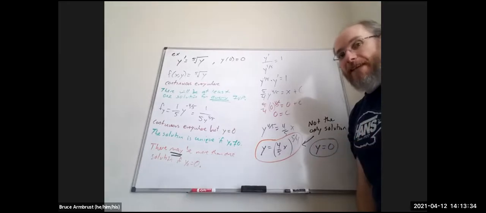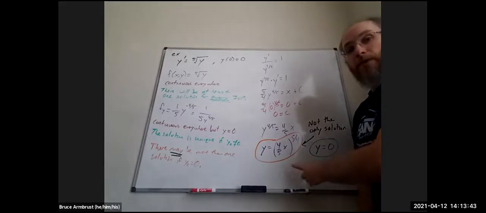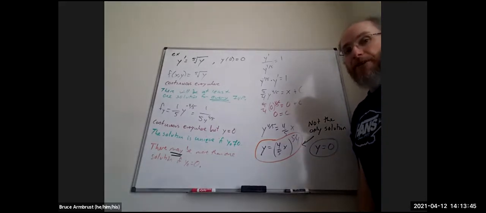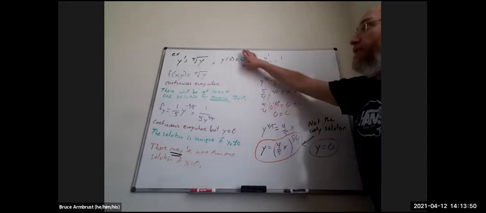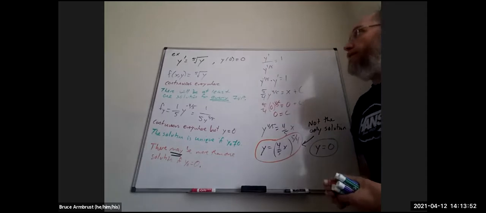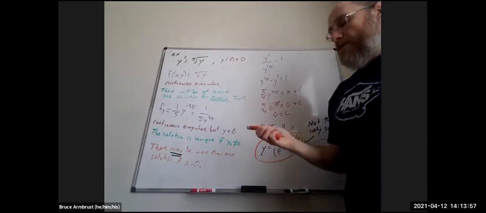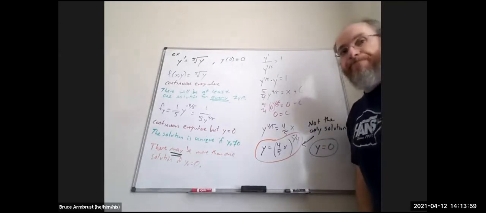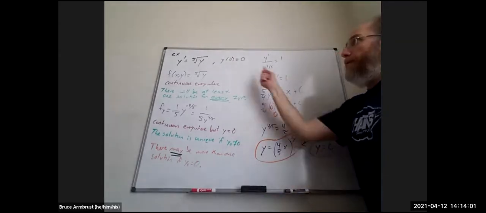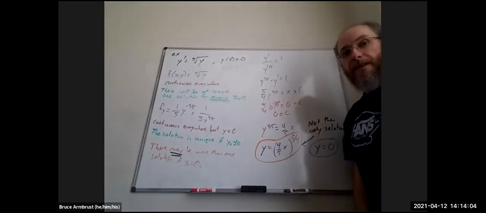The best we can say is that we know there's going to be a solution that goes through the origin. Could there be more than one? Yeah, we found more than one. Are there only 2? I don't know. But I can also tell you that if I were to change this, instead of having y of 0 equal 0, if I had made it say y of 0 equals 1, there is a solution, and there's only one solution.